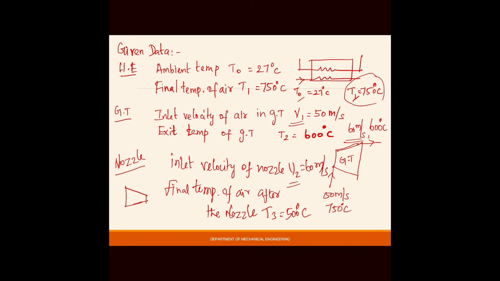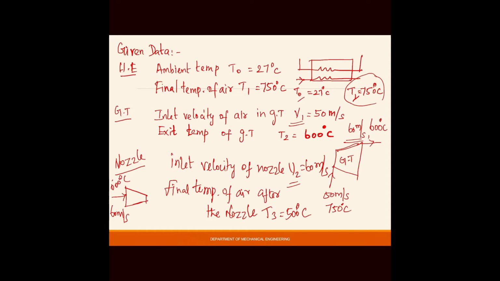Okay, here the input was 60 meter per second. So the velocity taken from the exit of the gas turbine is equal to the inlet of the nozzle. The temperature was 600 degrees centigrade.